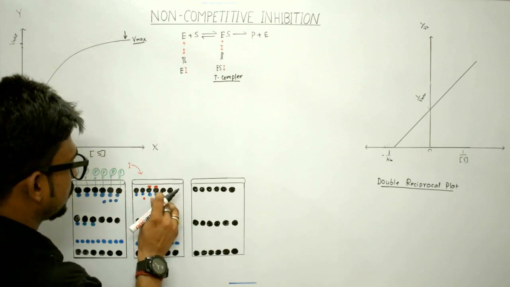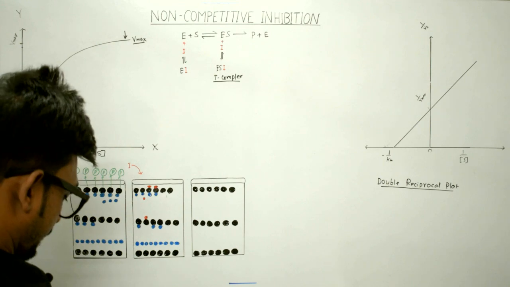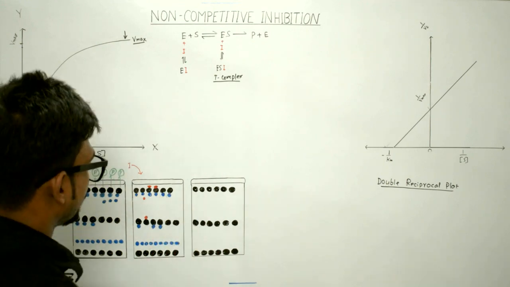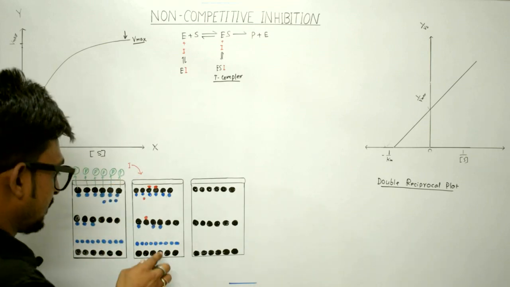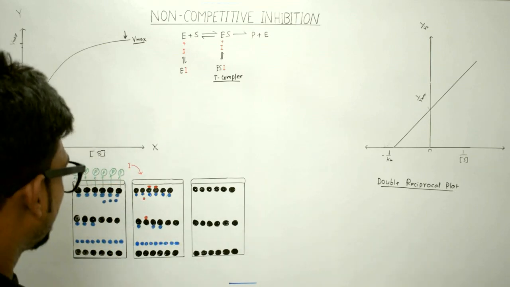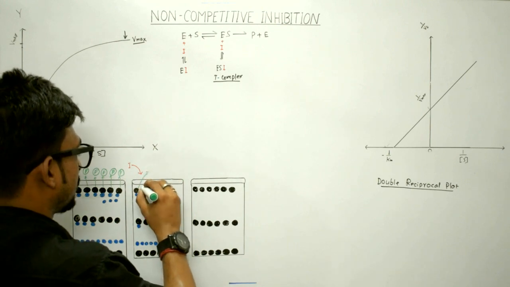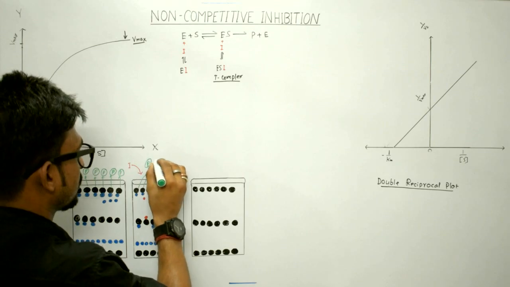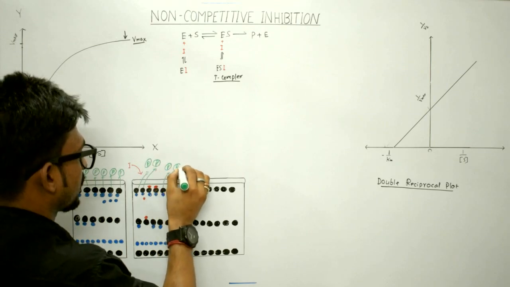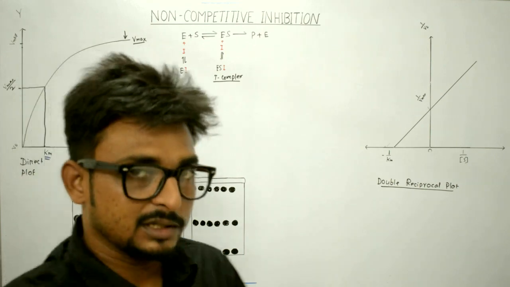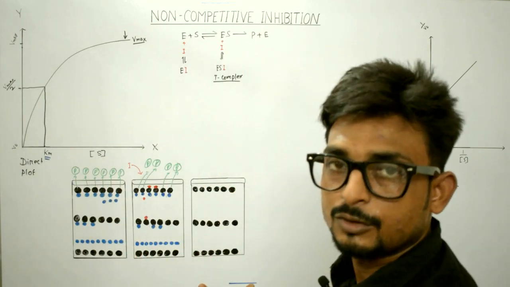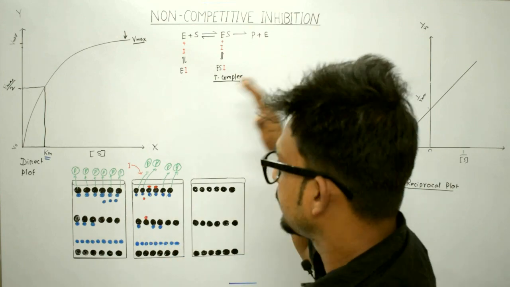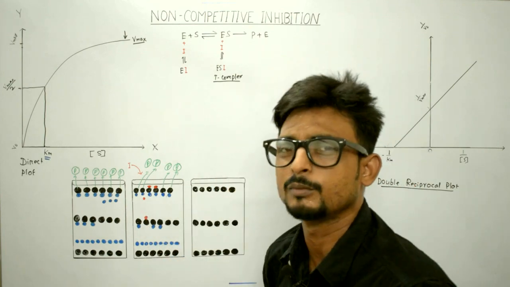Sorry, it should be blue. Now from here we can get the product only from this one, this one, this one, and this one. So four products we can get. If we allow the reaction to continue for some time, it will give the total, but it will take too much time.